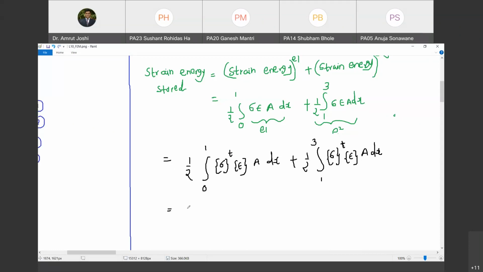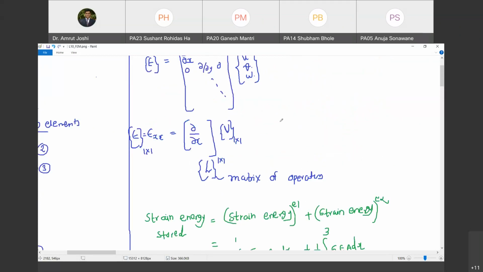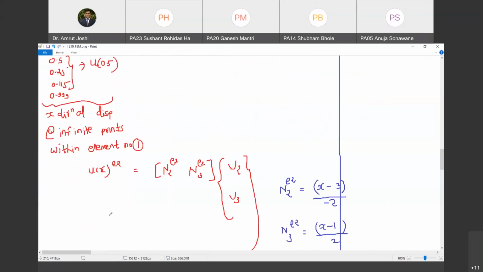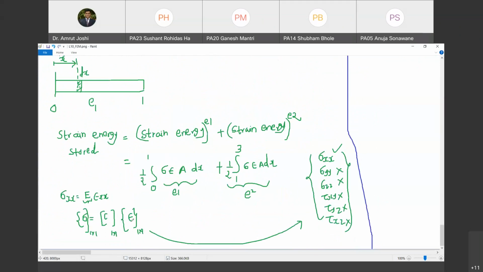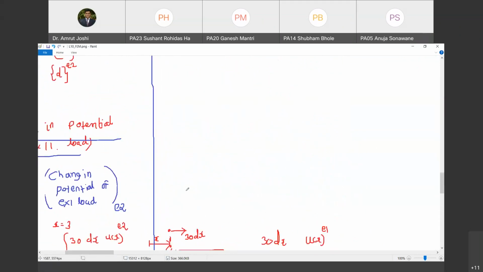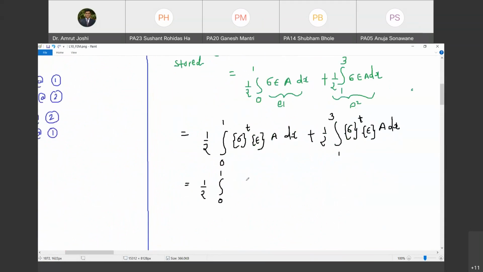Now, this is equal to half integration 0 to 1. How do I write stress tensor? I have shown you that stress tensor is written as C times epsilon. So next step, stress tensor is going to be C times epsilon, where C is the constitutive matrix. I'm going to take its transpose multiplied by epsilon strain tensor as it is multiplied by A dx.